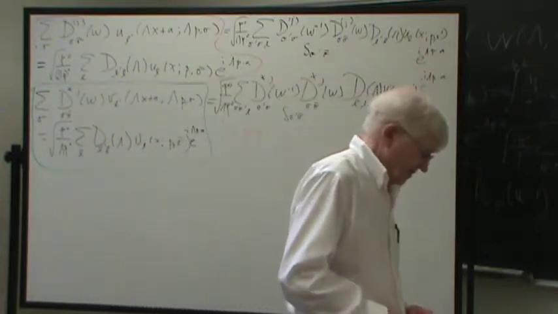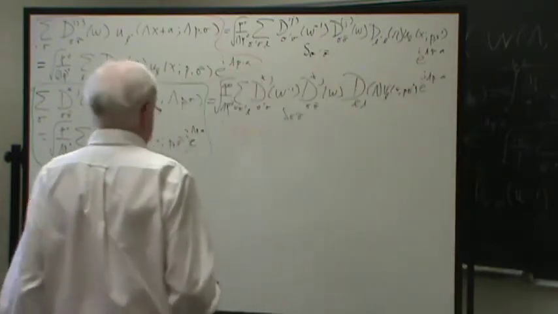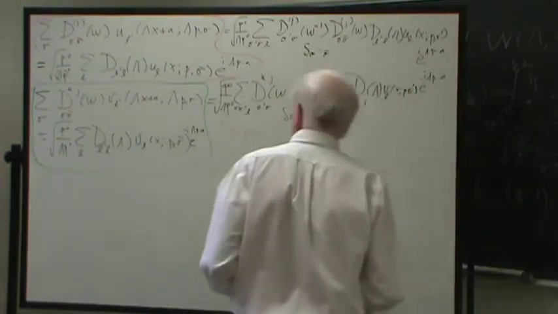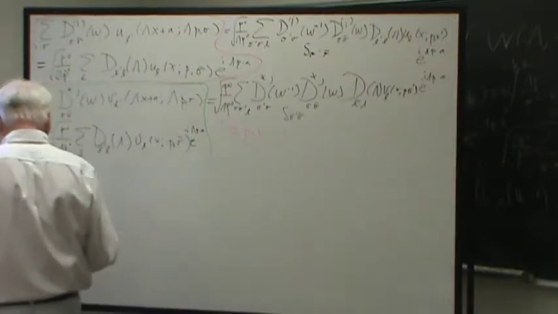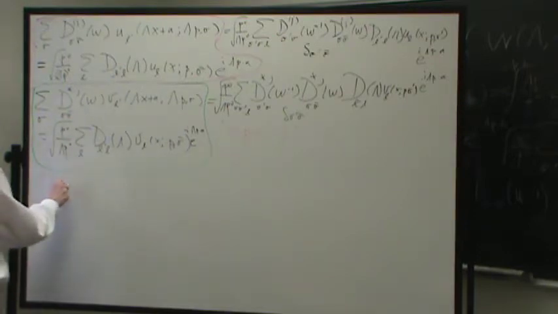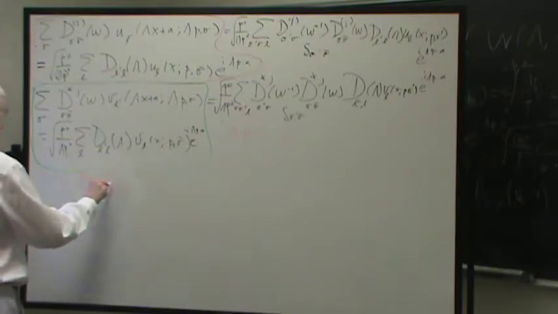Okay, we have essentially zippo time left, but we take these equations that we say are really important, and we set p equal to 0. And we set the D matrices equal to 1.